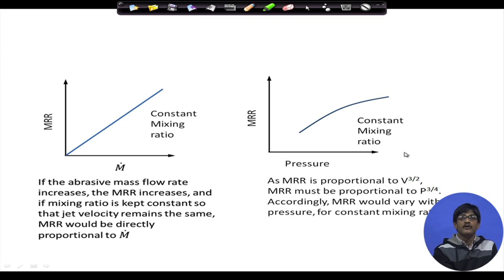As more and more gas is flowing in, its mass flow rate will decrease, and therefore you are going to have a different MRR. So constant mixing ratio is maintained here as well. This is the effect of pressure on MRR: MRR is equal to a constant into pressure to the power 3/4.